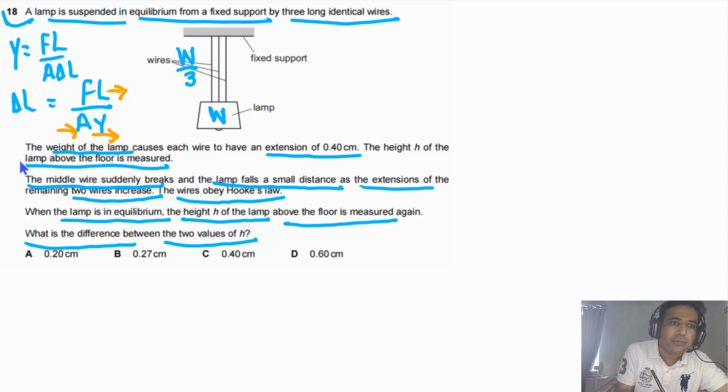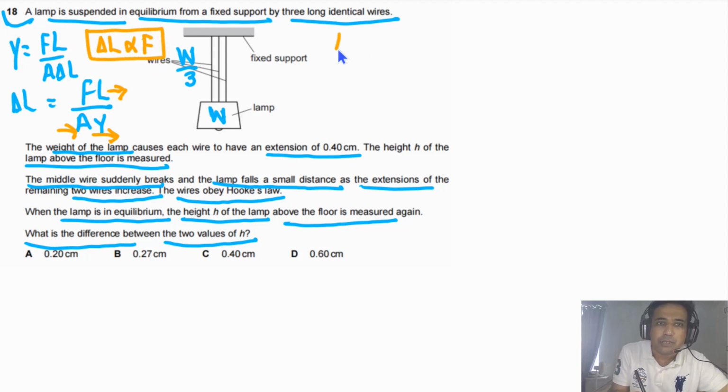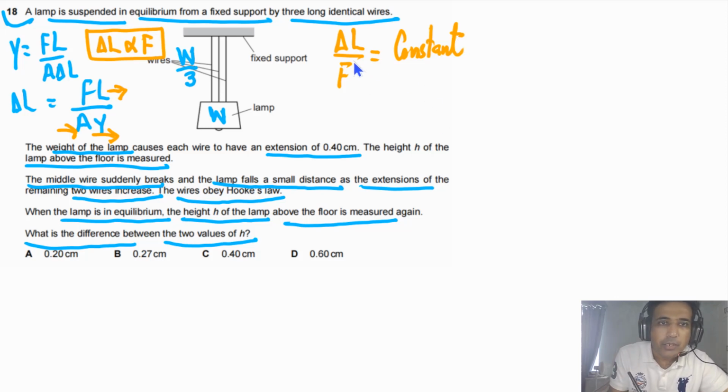So from here we can write delta L is proportional to F. These two quantities are proportional, or we can say delta L over F is equal to a constant.